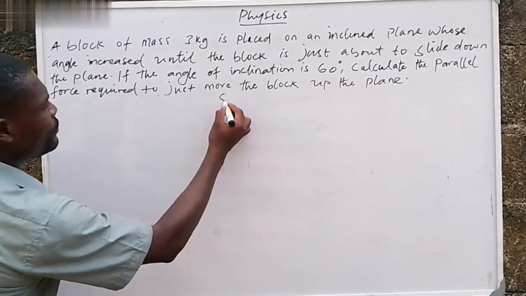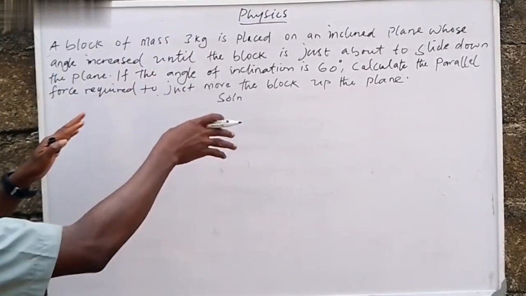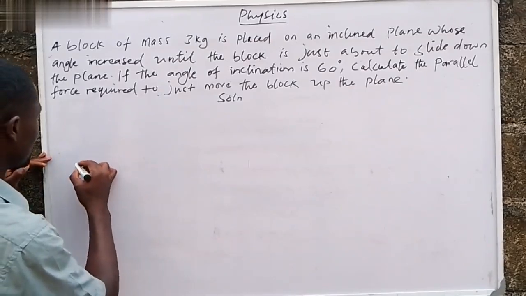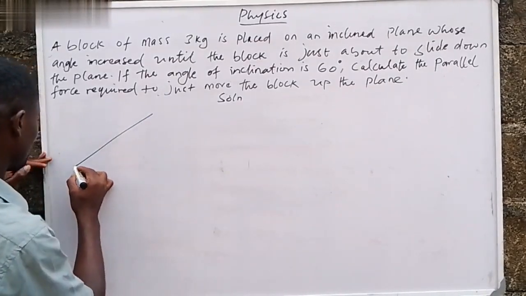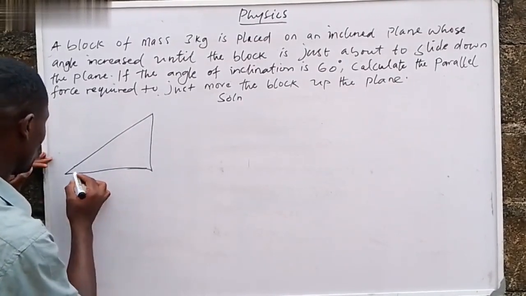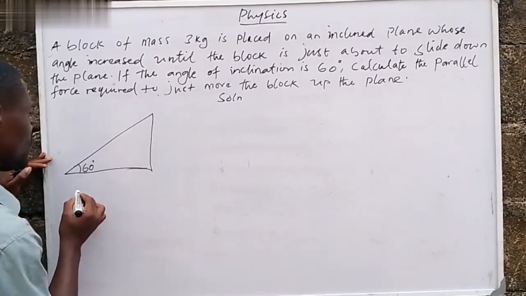To solve this problem, we need to represent this information diagrammatically. This is an inclined plane whose angle of inclination is 60 degrees to the horizontal.